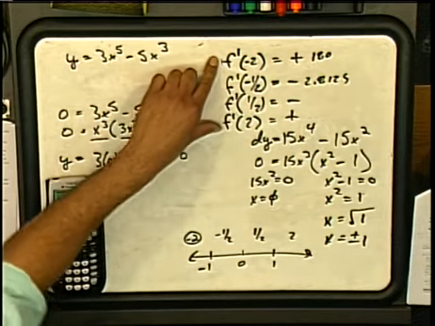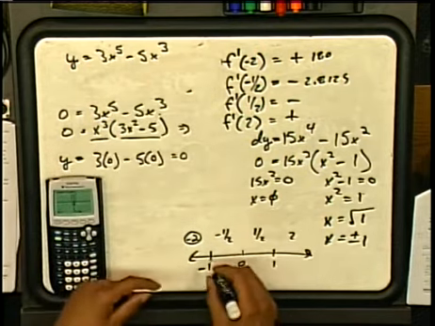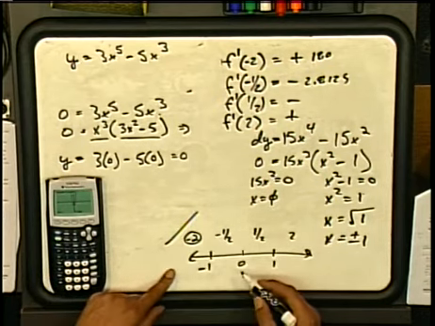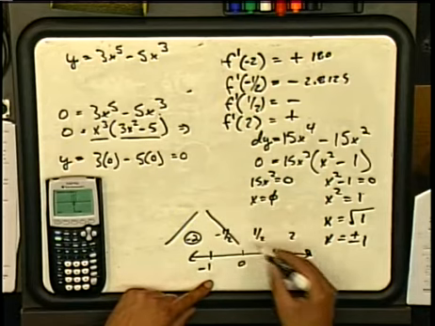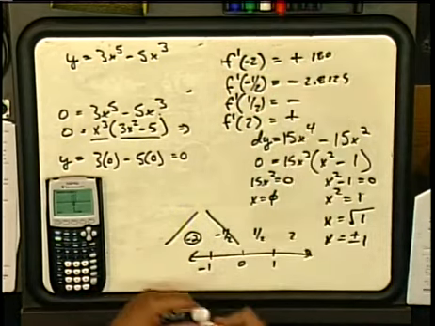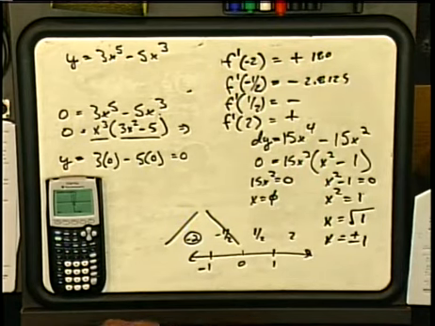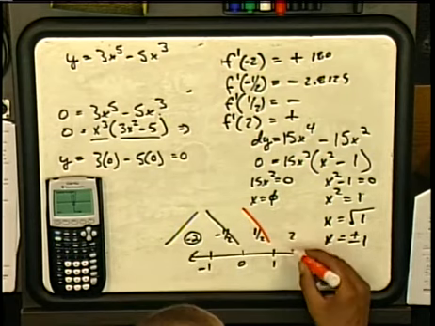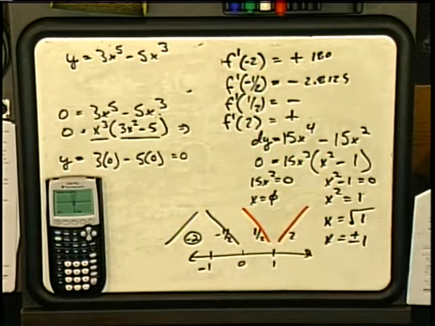So once you get all these signs in your intervals, you know where it's positive, it's increasing. So on this interval, it's increasing. On this interval, it's decreasing. On this interval, it's decreasing too. Is that right? Yeah, that's right: positive, negative, negative, positive.